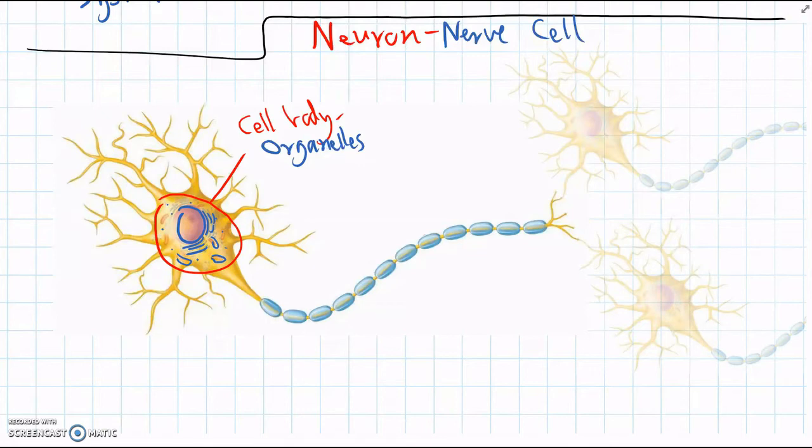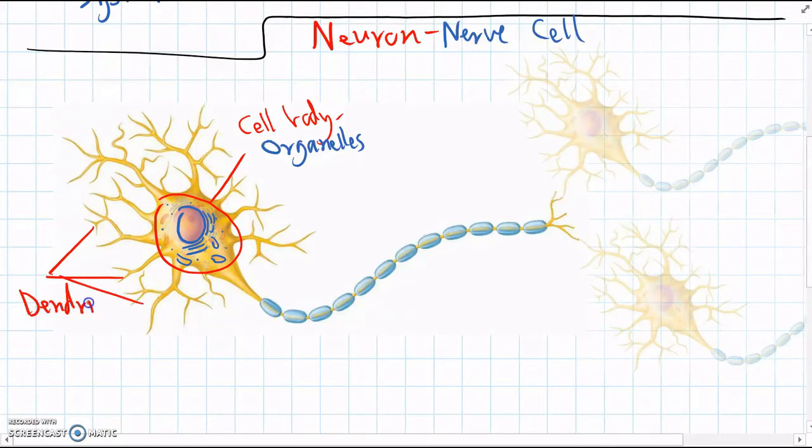The next part of a neuron is these branches coming off the cell body. All these little branches, like a tree, are called dendrites. And these are what detect the message from the neuron further up the chain.